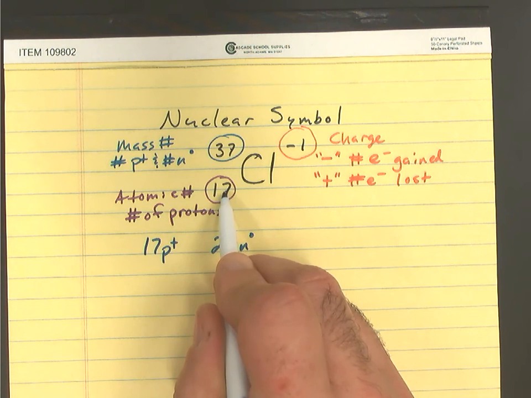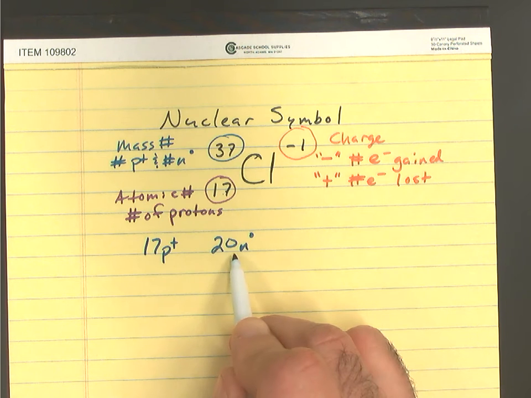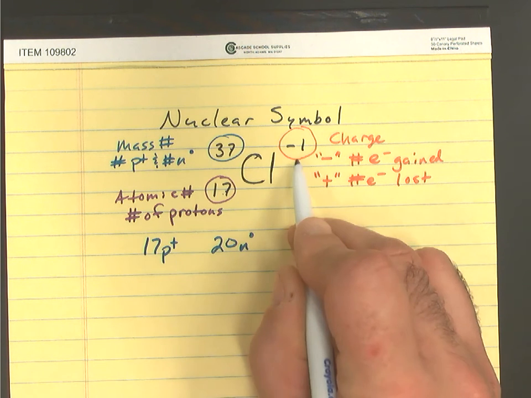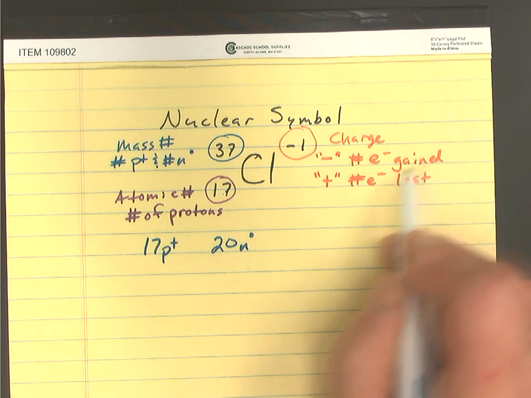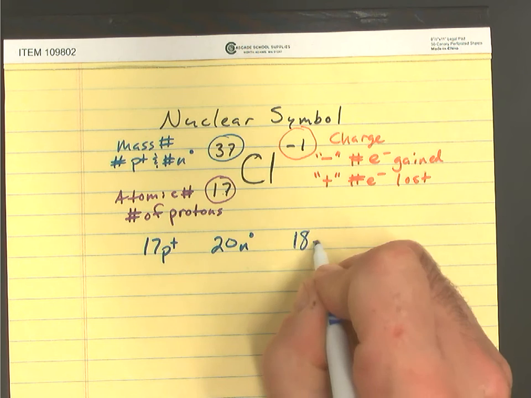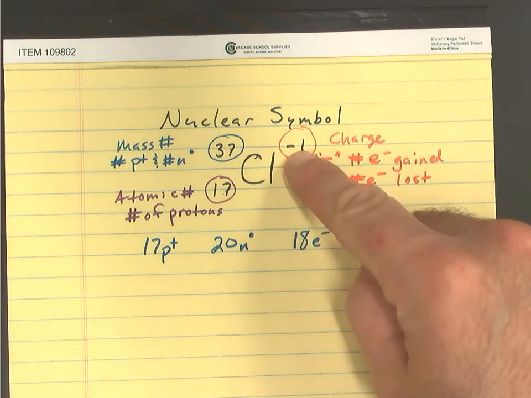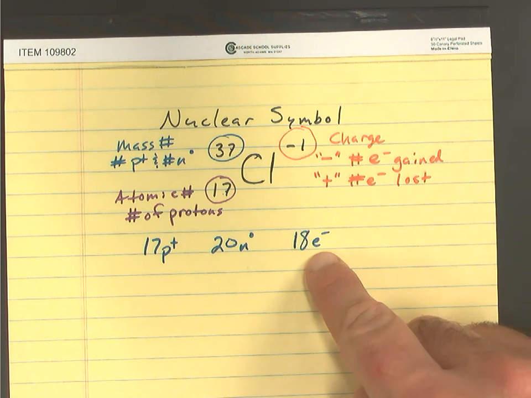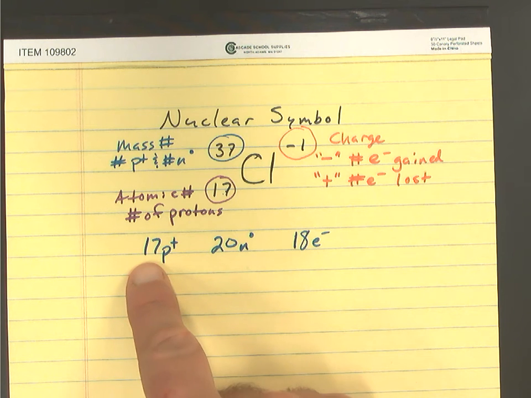Protons is atomic number, mass number minus atomic number is neutrons, and then protons with the charge. Minus 1 means 1 electron gained, so we're going to take 17 plus 1 is going to be 18 electrons. Remember that ionization is backwards. A negative means you gain an electron. If that was a positive one, we would have taken 1 electron away from this number.